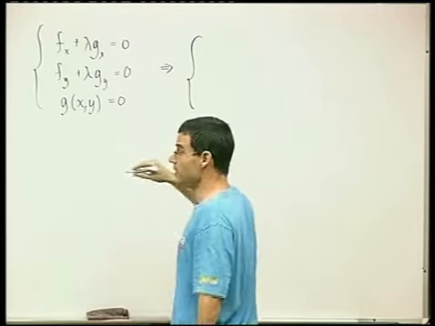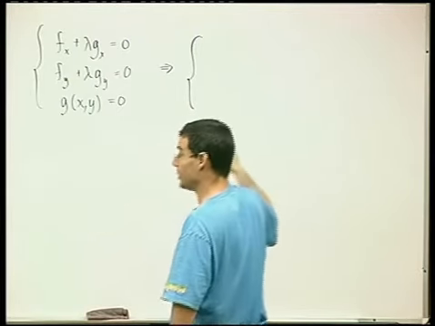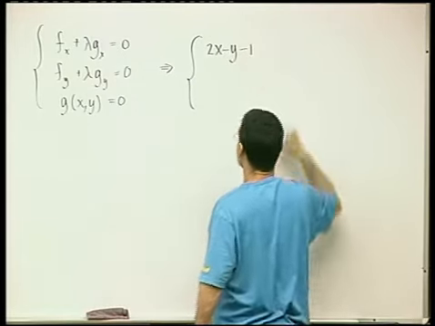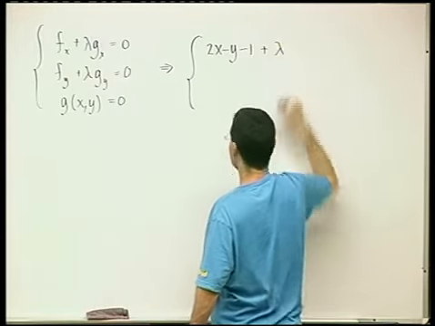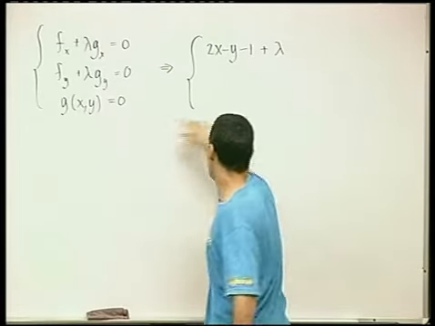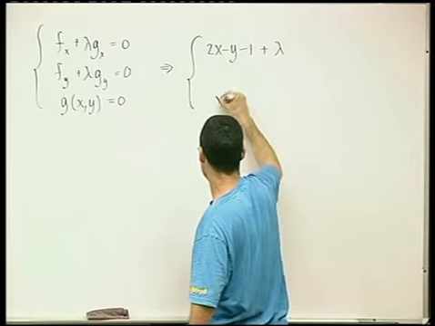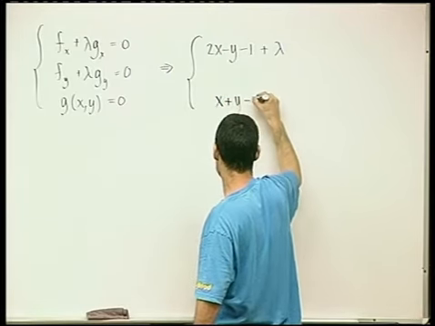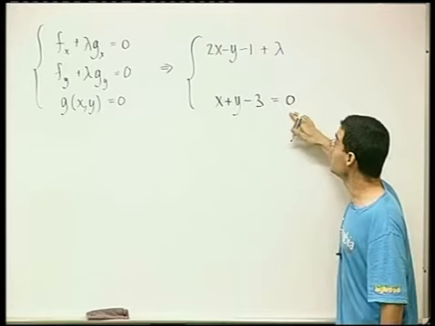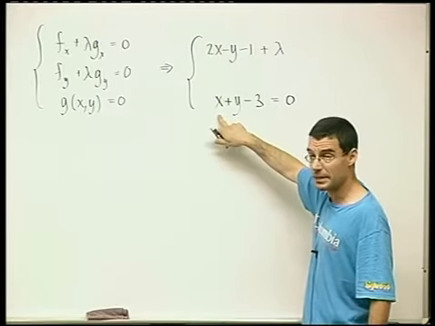So the derivative of f with respect to x we already calculated. It was 2x minus y minus 1 plus lambda. The derivative of g with respect to x, let's write g down here, because then we'll see it. So g was x plus y minus 3, and equals 0 is this. What's the derivative of g with respect to x?